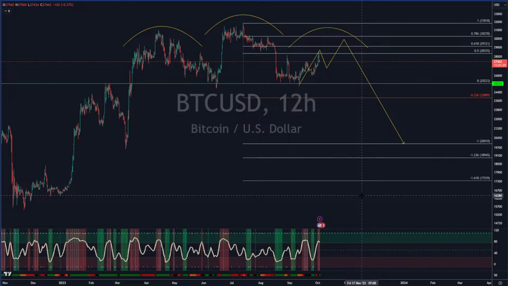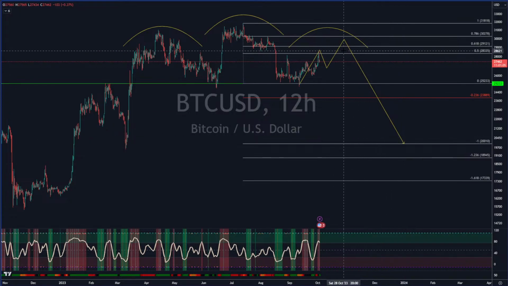At the end of the day, I do believe we're probably going to go back down there, in which case I will be taking larger bites when we get to that area, because I am very bullish on crypto, especially going into 2025, as I mentioned before. I'm not saying that's what you should do. I'm just saying that's what I am doing.